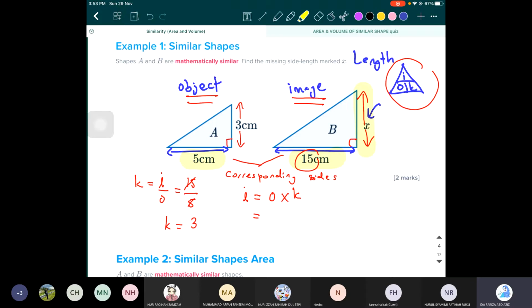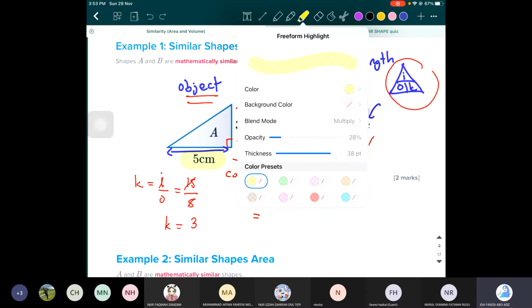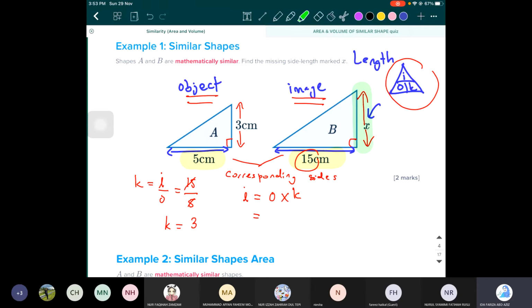Okay, let me change other color. Cannot use yellow. I have to use yellow. Okay. It's your right hand side on triangle B. So the corresponding side dia akan jadi 3. Yang tu kita akan compare sebab dia sama-sama duduk sebelah kanan. So the object here it will be 3. The image is 3 times K. K kita ni sini.